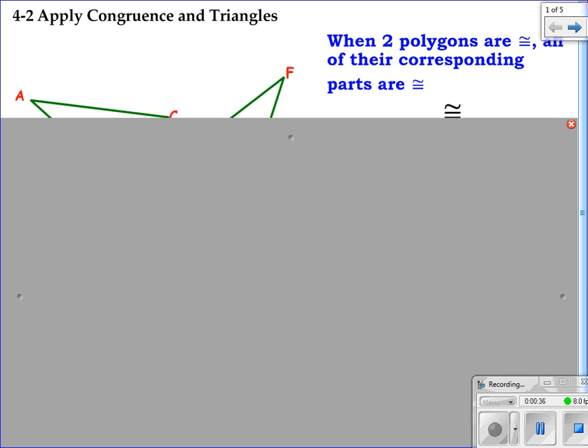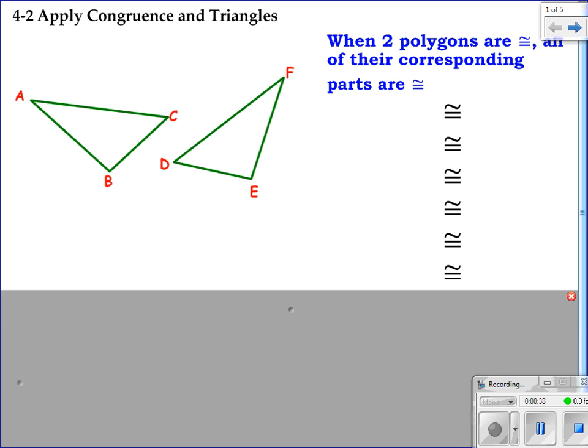So we're going to start out by discussing the fact that when you have two shapes or polygons that are congruent to each other, all of their corresponding parts end up being congruent. So if I told you that these two triangles were the exact same shape and size, which means they're congruent, we have to figure out which of the angles and the sides would be equal to each other.